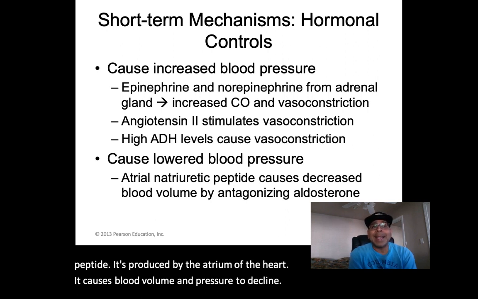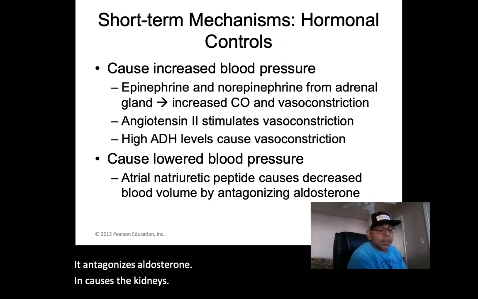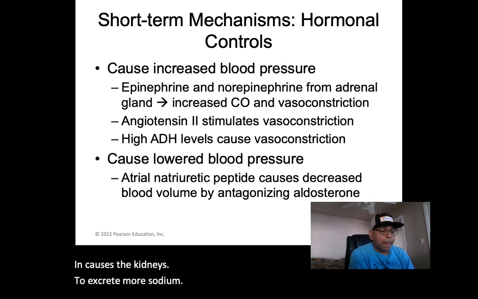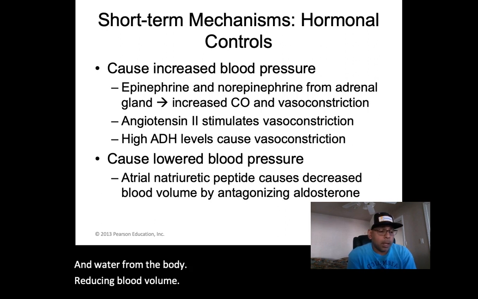It antagonizes aldosterone and causes the kidneys to excrete more sodium and water from the body, reducing blood volume. It also causes vasodilation.